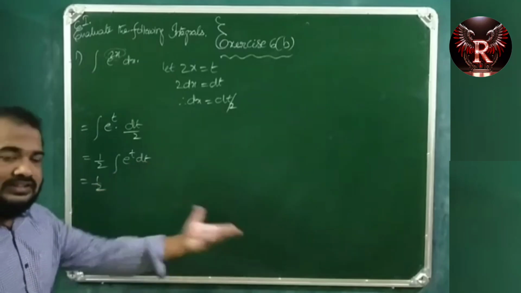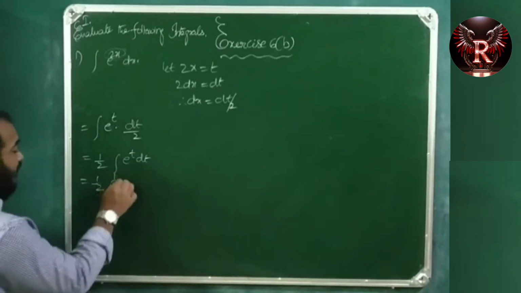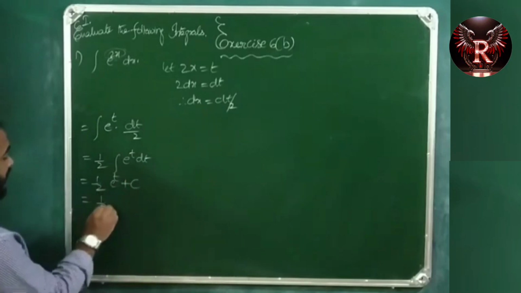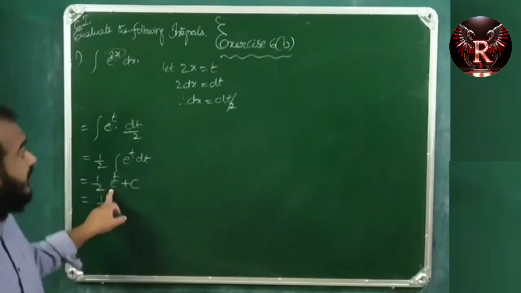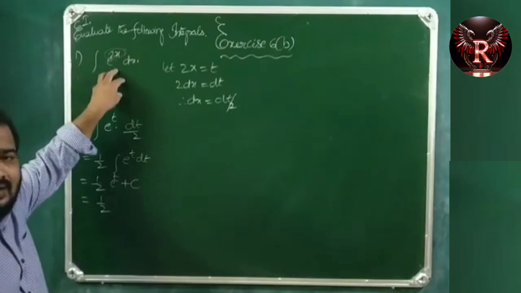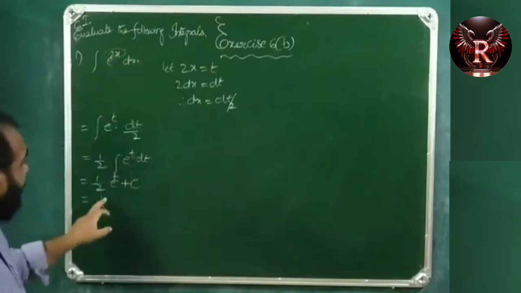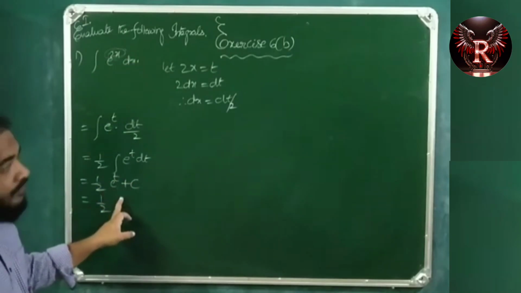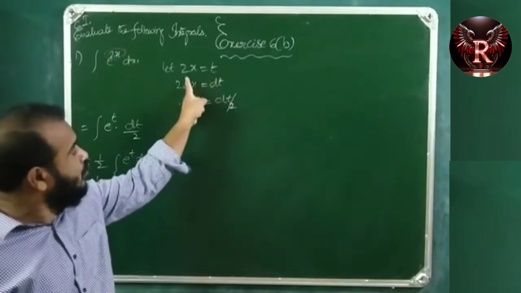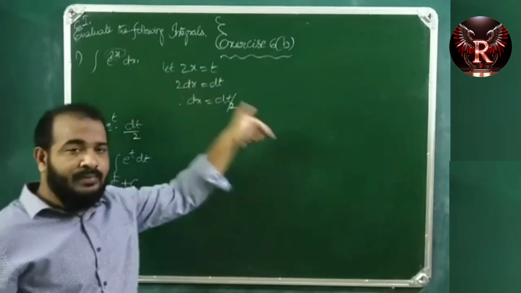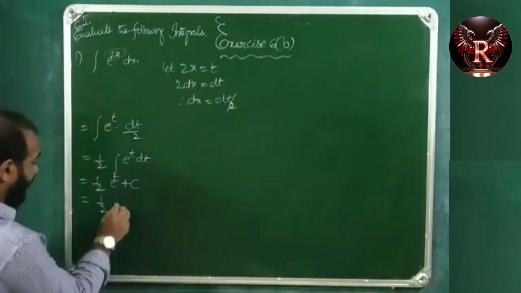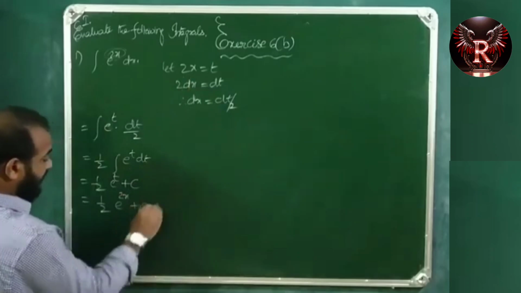E power x plus c. So this is e power t plus c. But this should not be the answer because the given integral is in terms of x, but here we are getting in terms of t. So replacing t by 2x back will be the final answer. So e power 2x plus c.